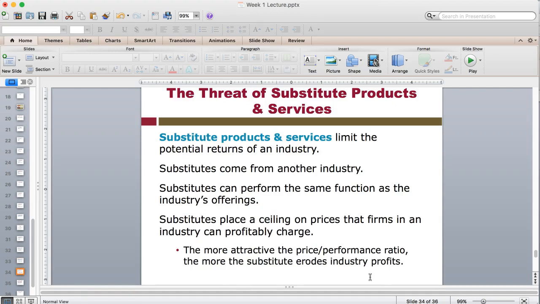There's a threat of substitute products and services. This is something where basically the consumer can go off and instead of buying coffee, they can buy tea, or instead of buying McDonald's, they can buy Taco John's.